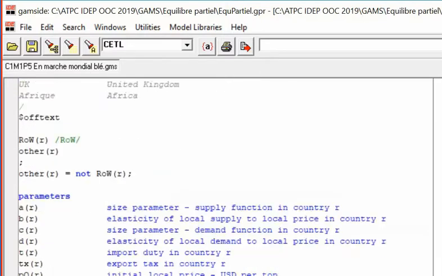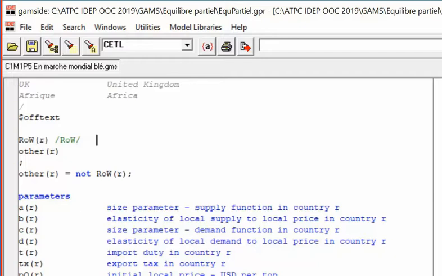There is a more concise way to define this subset. I declare a subset of R, which I call ROW, which consists of a single element, ROW, the rest of the world.